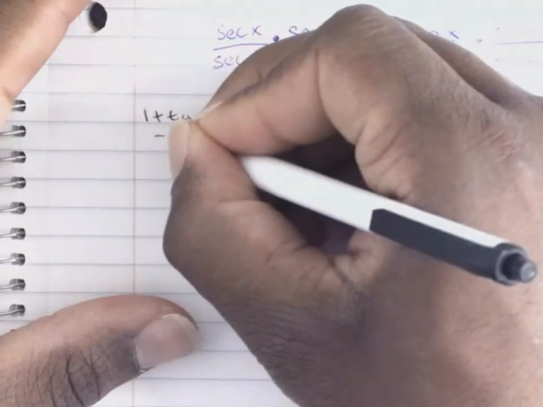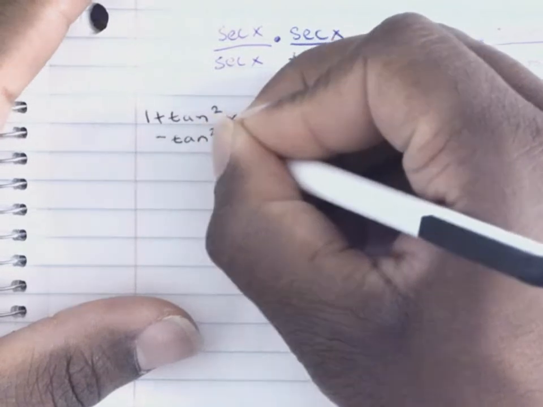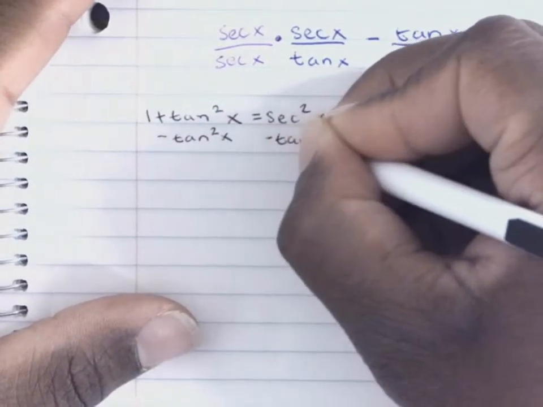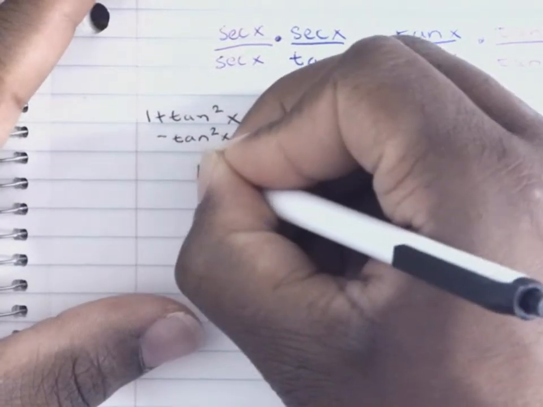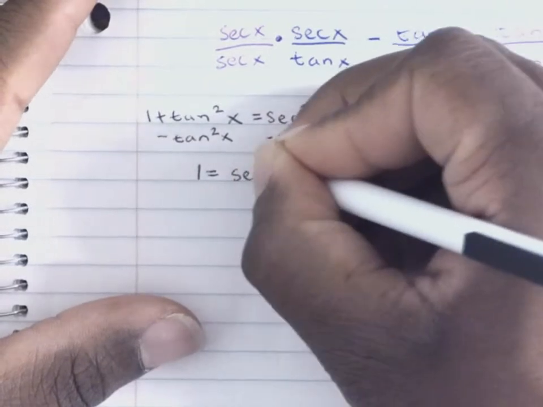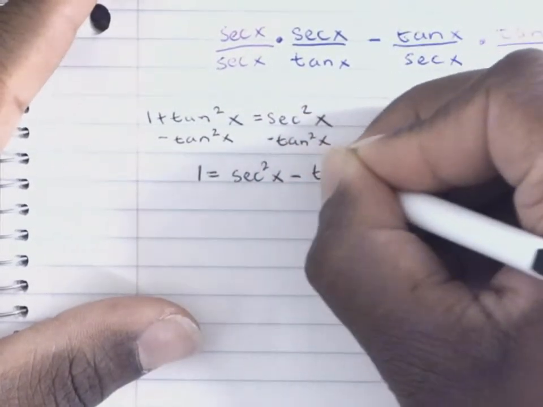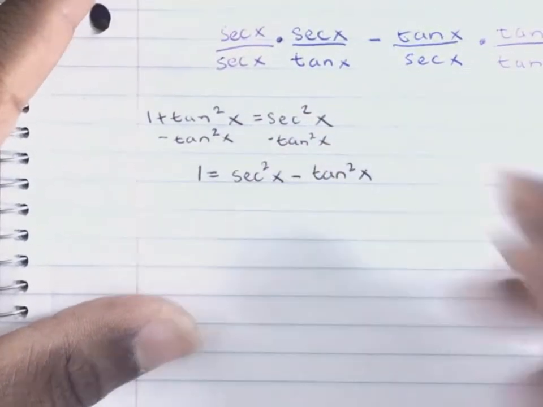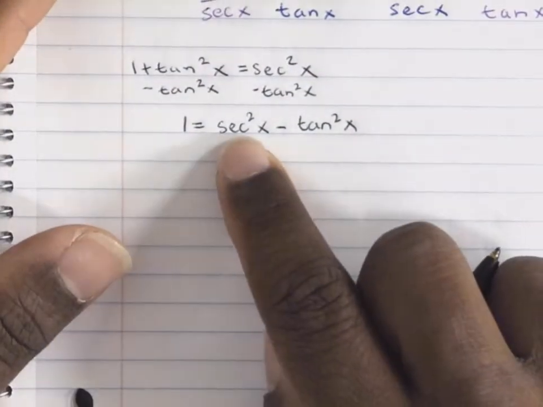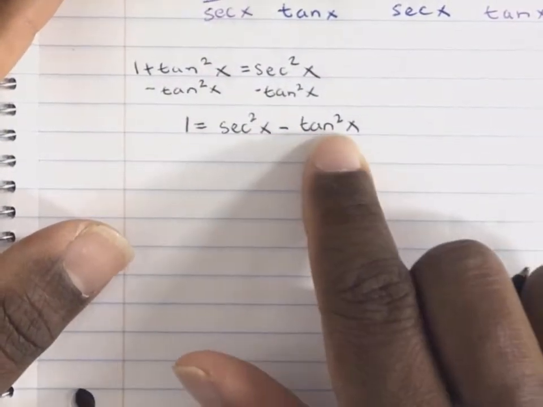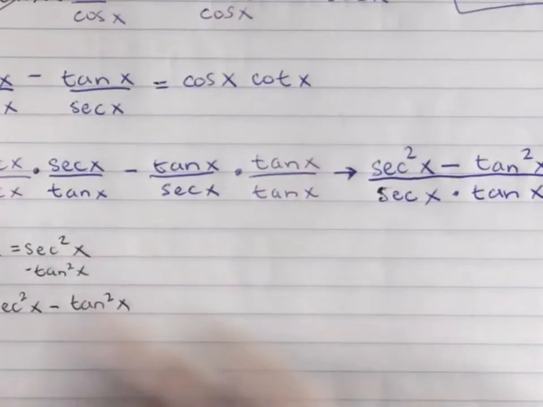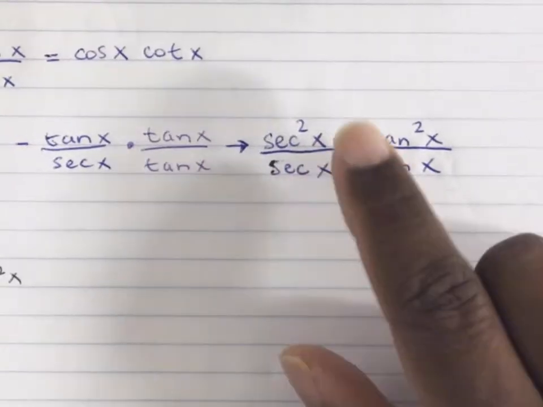If I subtract tangent squared from each side, I get 1 equals secant squared x minus tangent squared x. So I can substitute in for this to equal 1. So that's what I'm going to do right here. This top is going to come out to equal 1.